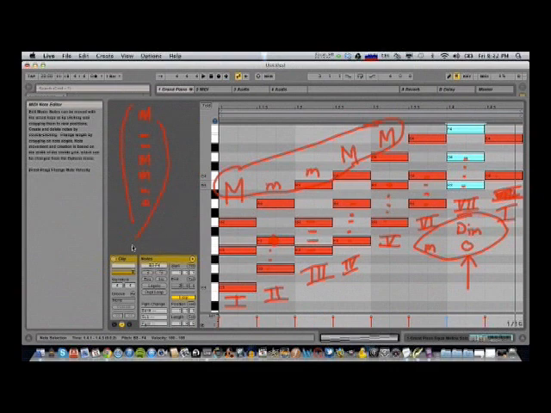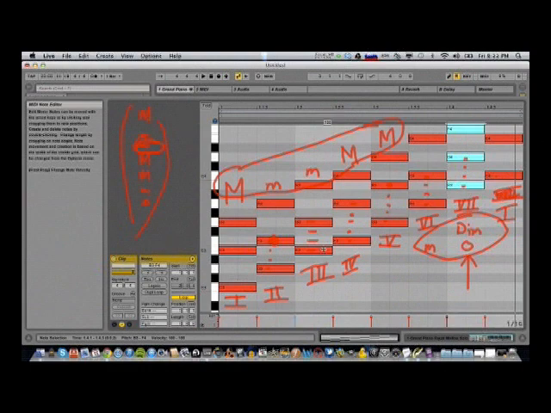For every key, that pattern works. So we did this in C major, but if we were playing in D major and someone said, hey, go to the third chord of D major, you know it's a minor chord because 1, 2, 3. It's the third chord. It's got to be minor, right?